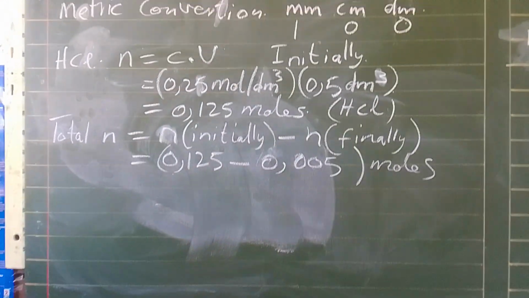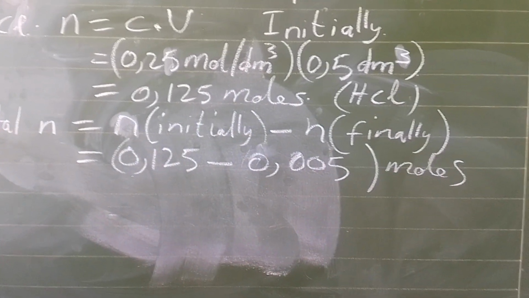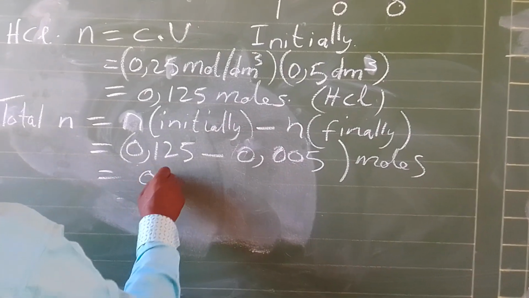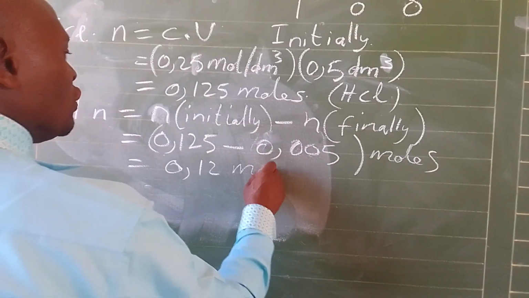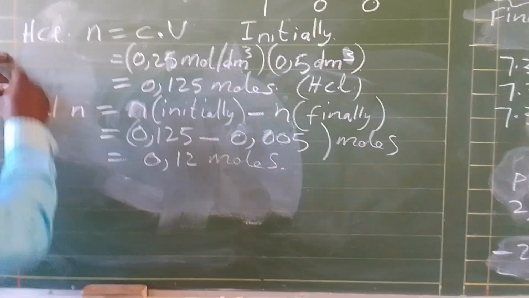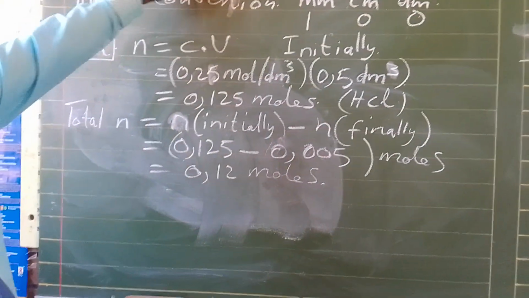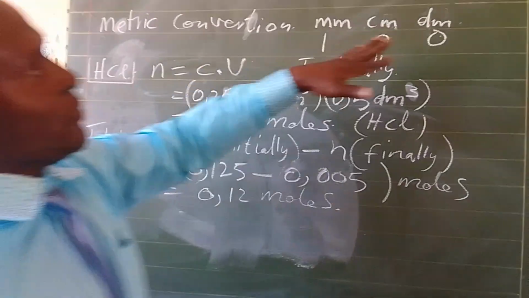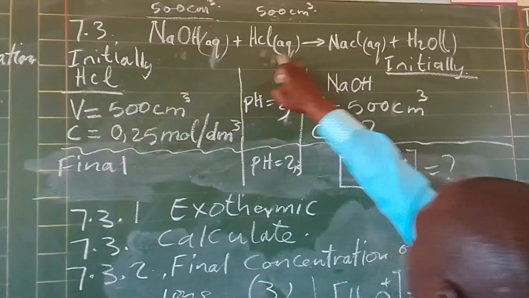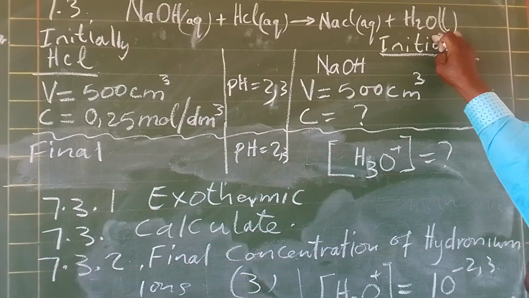Now when you punch that into the calculator, you find that it is going to be 0,12 moles. Moles of what? Of hydrochloric acid. Remember, the hydrochloric acid reacts with sodium hydroxide to form sodium chloride and water.